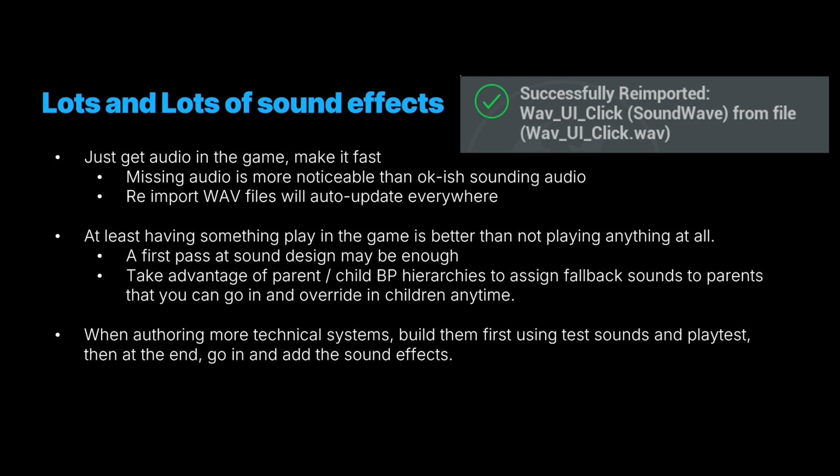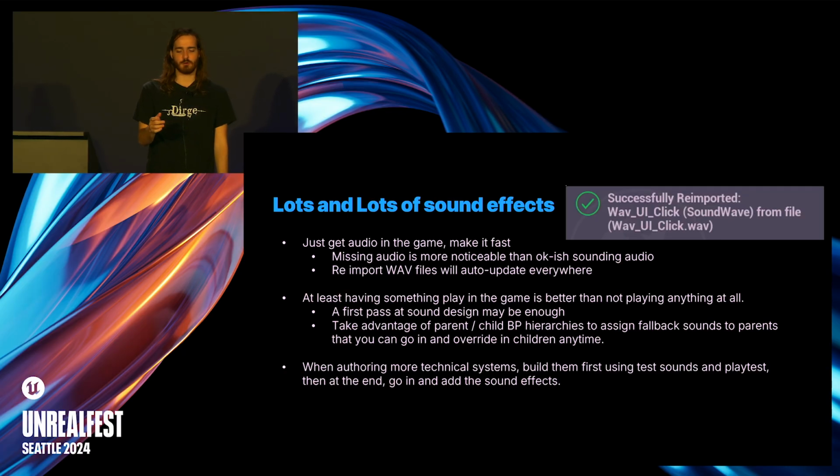Assign fallback sounds to your parent blueprints for anything that has parent-child relationships that have audio. In Dirge, an example of this was the sound objects make when they are simulating physics and hit surfaces in the environment. Throw something and it hits and makes sounds. I did a general plastic, more all-purpose sound that was a fallback that could go with mostly anything. Then for specific wooden and metal objects, I made a wooden and a metal sound fallback respectively.